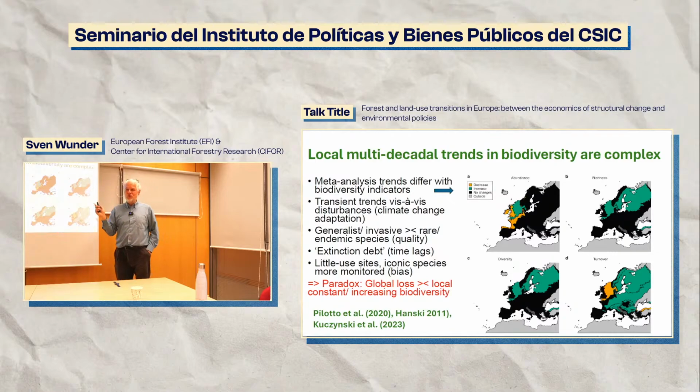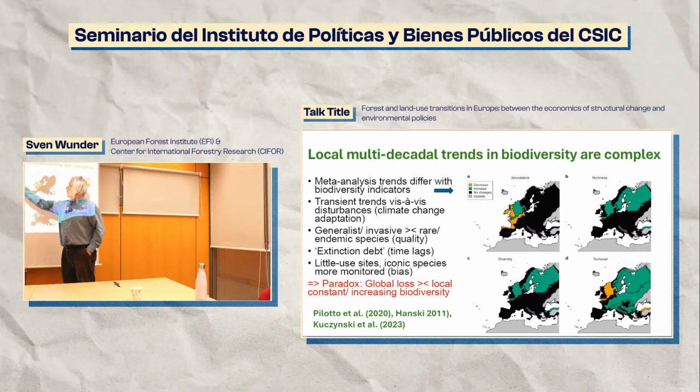That's not only for Europe, that's for many other biodiversity trends where you try to look at things on a larger scale. It will differ according to whether it is abundance, richness, diversity, or turnover. They all show a slightly different picture.